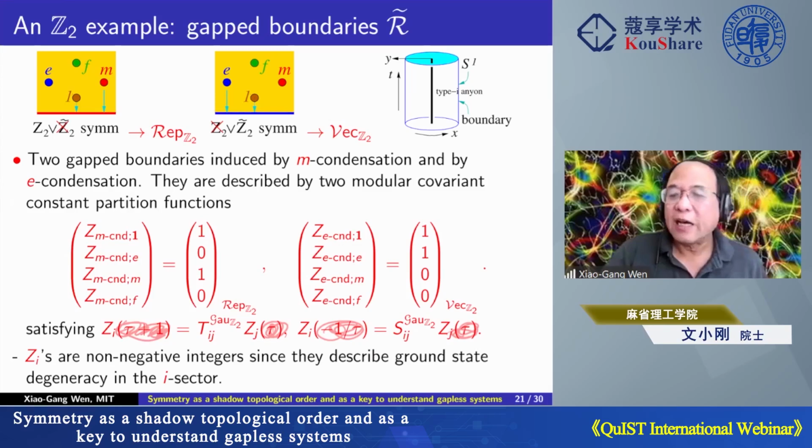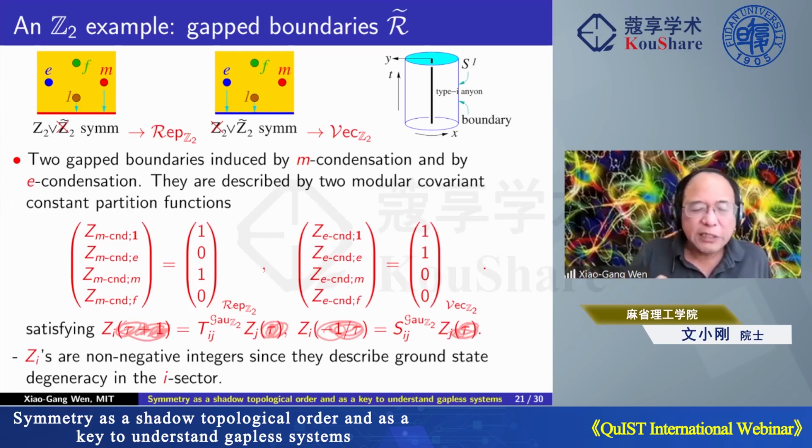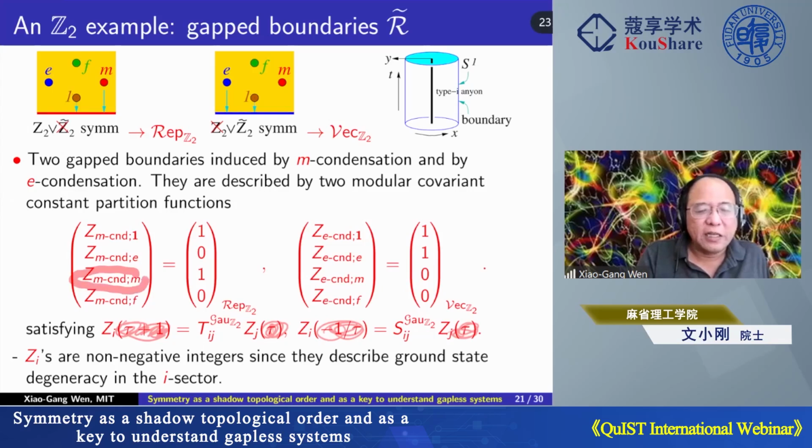Then we find there are two solutions. Actually, using this equation, we find only two solutions, and these two solutions correspond to E condensed and M condensed. You can see for this boundary, this M component is 1.